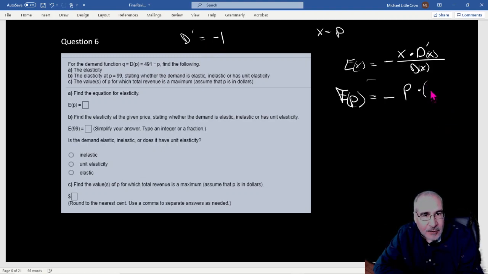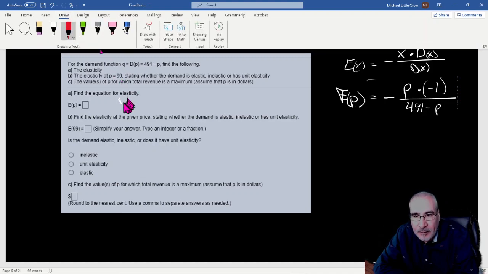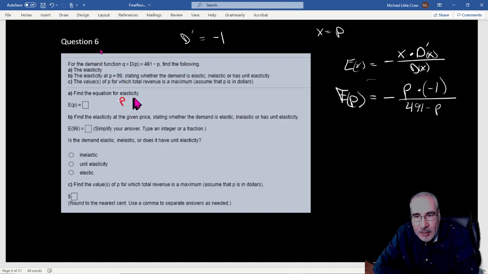So times negative 1, divided by the demand function, which is 491 minus P. Simplifying a little bit, the negative and negative make a positive. It's just P over 491 minus P.